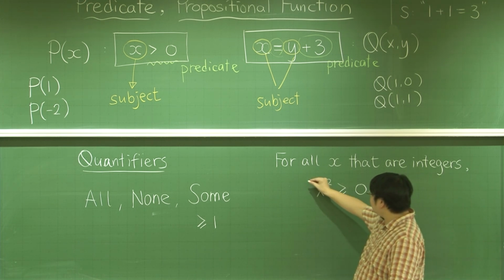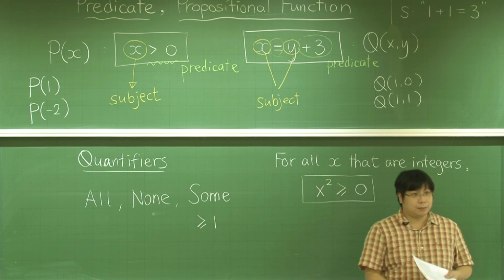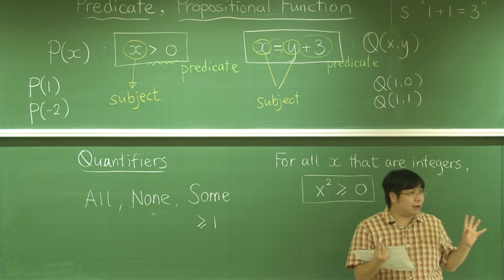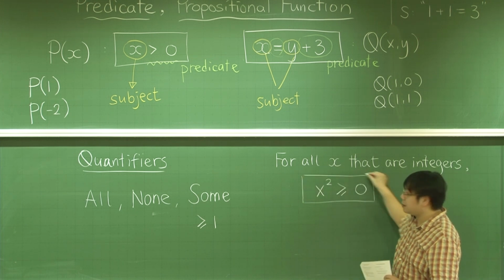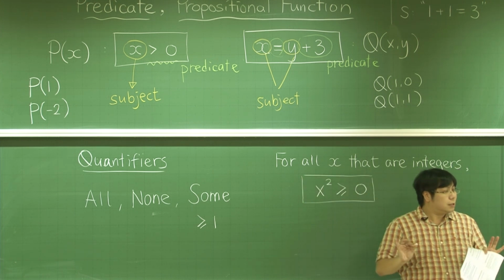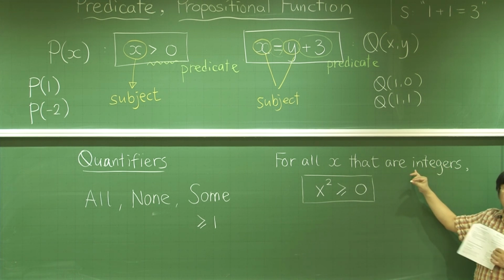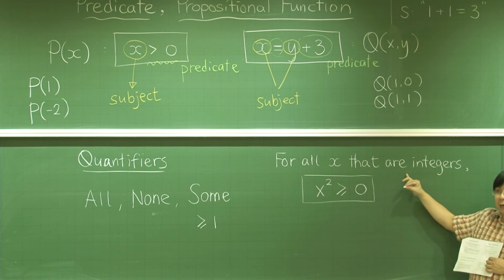At the beginning, this x squared greater than or equal to 0 is just a propositional function. A function doesn't have any value unless we fit the x inside. So just looking at this part, it is still not a proposition. But if we add this kind of quantifier there, then it suddenly changes the meaning a lot.